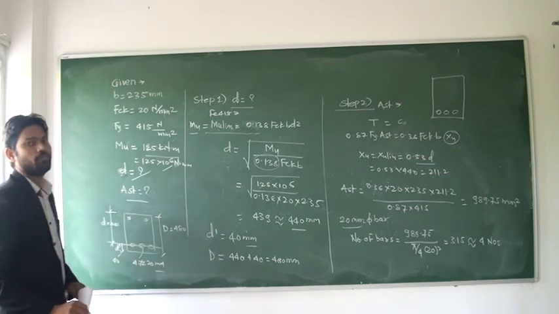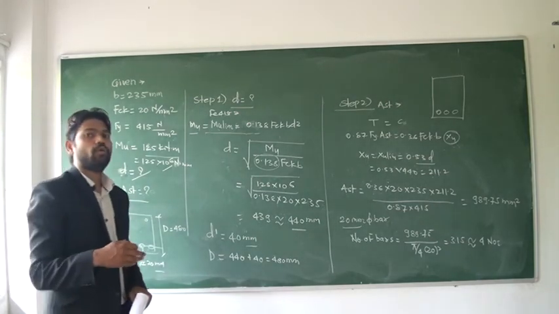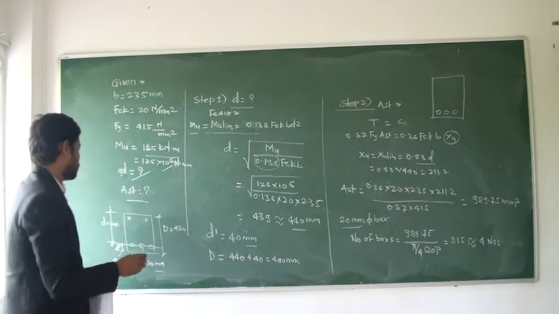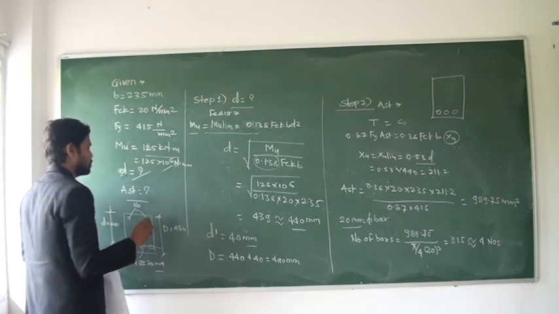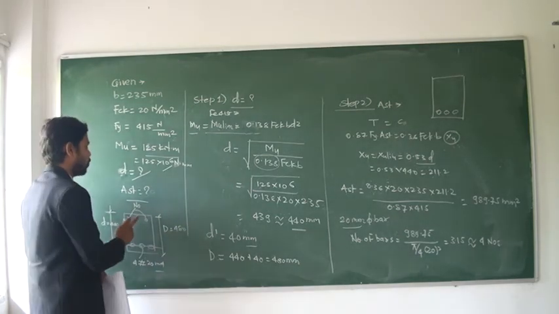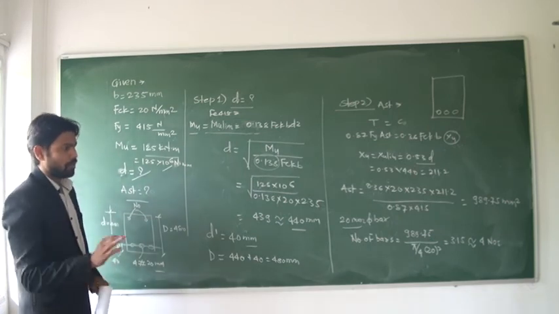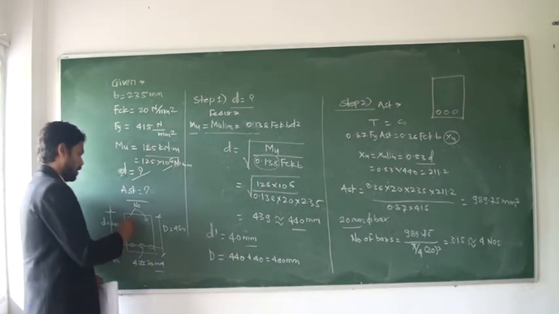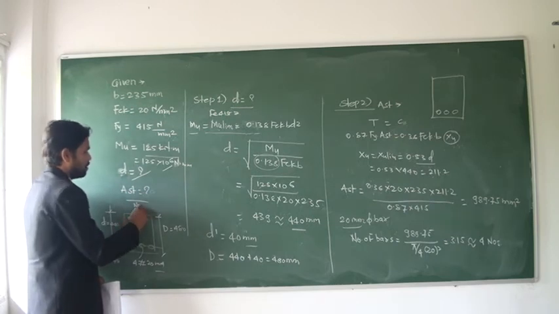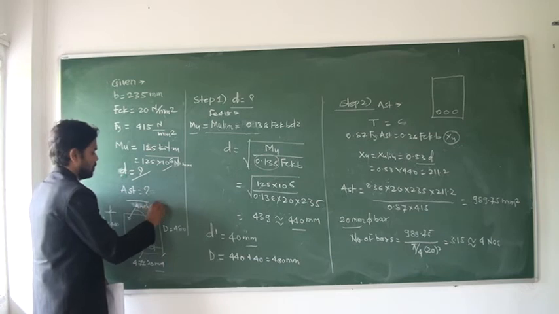As I have told you, you have to provide anchor bars at the top to hold the shear reinforcement. Just provide them. No need to mention the dimensions. When you provide an actual drawing, you have to mention the diameter of this bar also. But for your exam, you just mention these details, the depth details, and mention the bars and name them as anchor bars. That is enough.